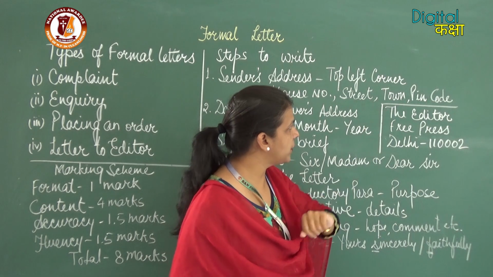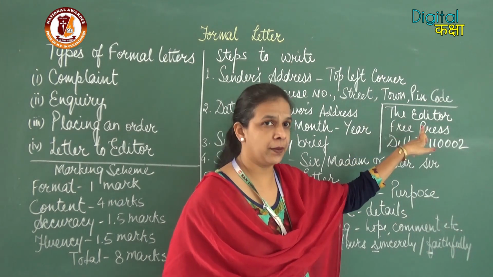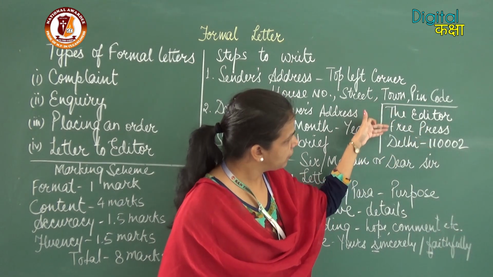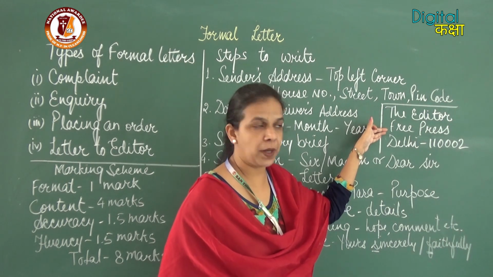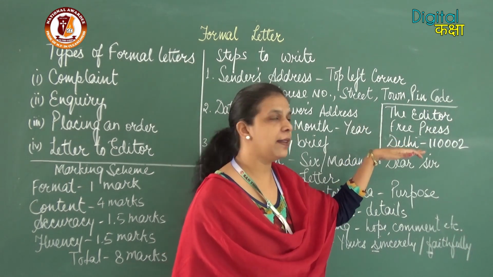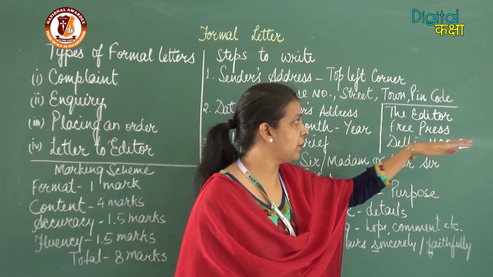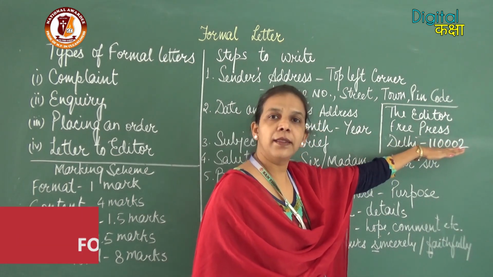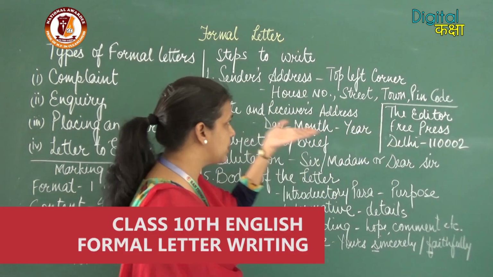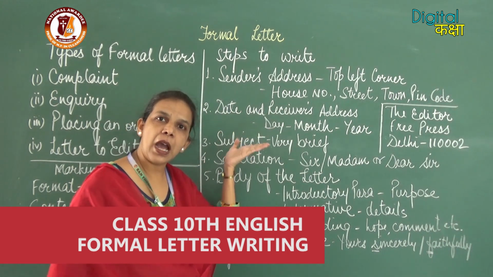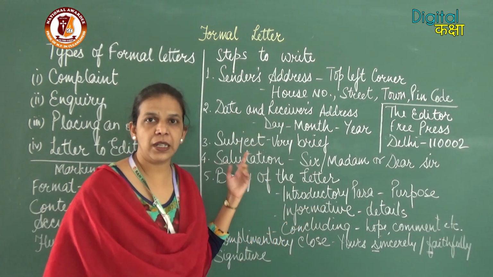Like here I have given an example, the editor. Then Free Press is the name of the newspaper, and Delhi, that is the name of the place or the town, and city, and then pin code. This will come straight away under the date after leaving one line.